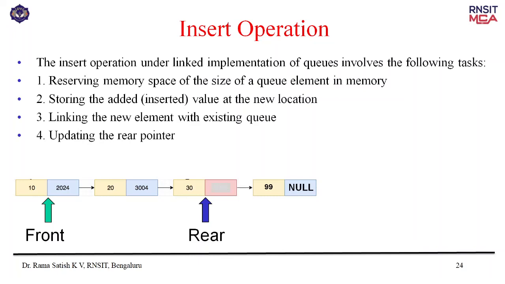Now it is pointing to the new node. Yes, it is done. And the last one is to update the rear pointer, which has to be moved to the last cell. So it is done. The rear pointer is moved to the last cell. These are the 4 steps that are done.